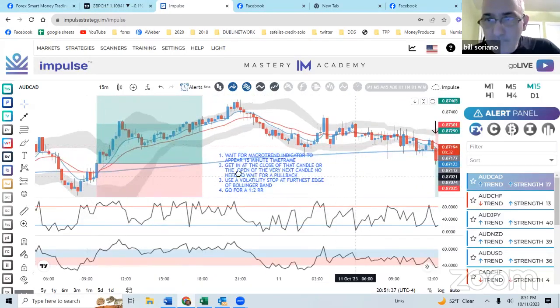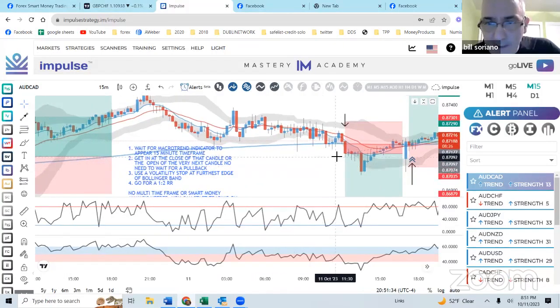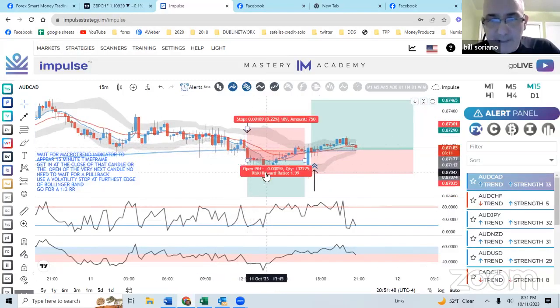Price comes back down, then we get an indicator going the other way. So when you get an indicator going the other way, you would have to exit the trade. In this case, if you exit at the close of that candle, you do exit in profit, so that would have to be counted as a win. Okay, then we set up the next trade here.